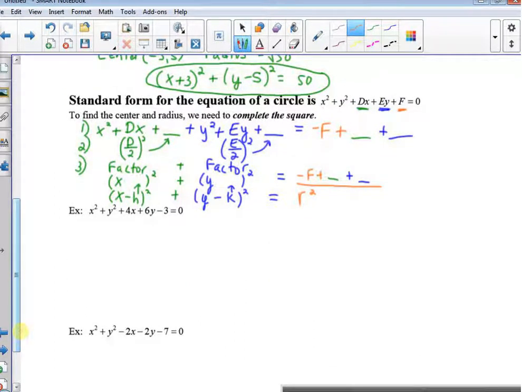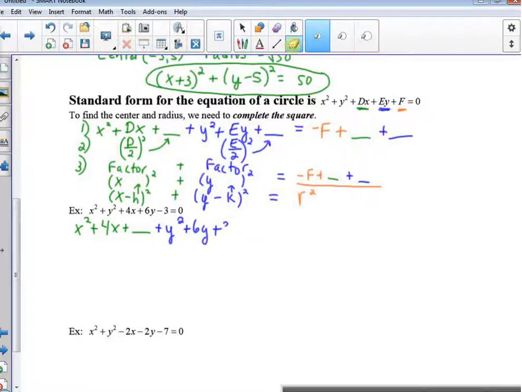So let's try it. I'm going to take x squared plus 4x plus blank, put those together, plus y squared plus 6y plus blank. And that's going to equal 3 plus whatever is in the green and whatever's in the blue.